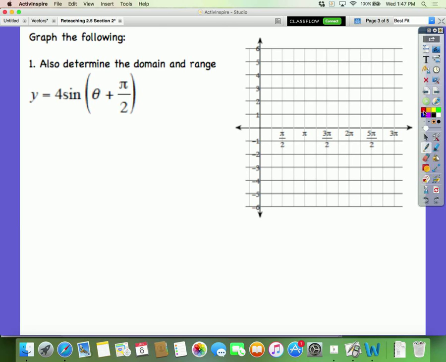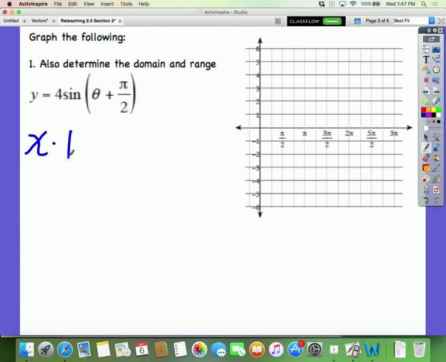We're going to look at a couple. All right, let's start here. And on top of that, we're going to be doing some additional information like find the domain, find the range, like we are going to do for this problem. So, what is happening to my x's? I'm going to multiply them by what number? 1 over b. What's b? 1.